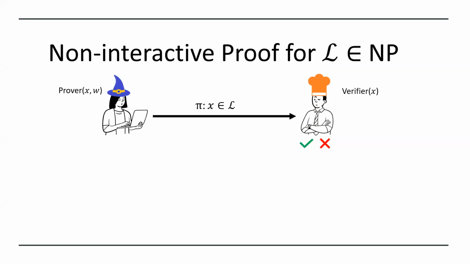So in this talk, we're going to be focusing on non-interactive proof systems for a language L in NP. This is a two-party protocol between a prover and a verifier, where the prover, with its statement X and witness W, wants to convince the verifier, with the proof pi, that the instance X is in the language L. Then the verifier can choose to accept or reject.